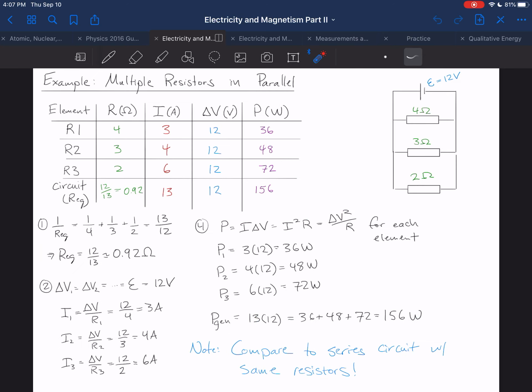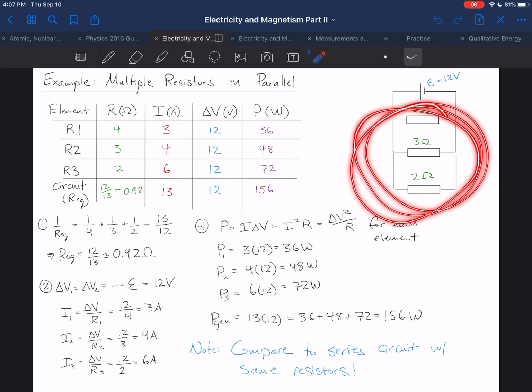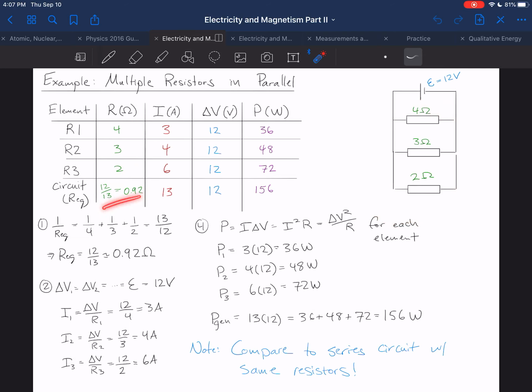And if we take a look at our parallel circuit, we can see that by wiring them in parallel, you are reducing the effective resistance of the circuit to below any of them individually, right? So the total resistance of this combination of resistors is 0.92 ohms. Okay, it's less than any of them because you are providing that current multiple paths to go in.